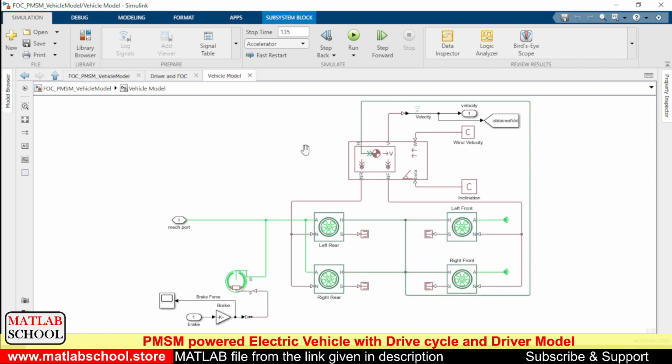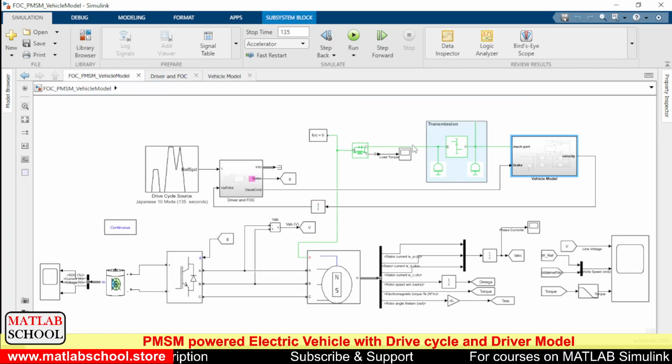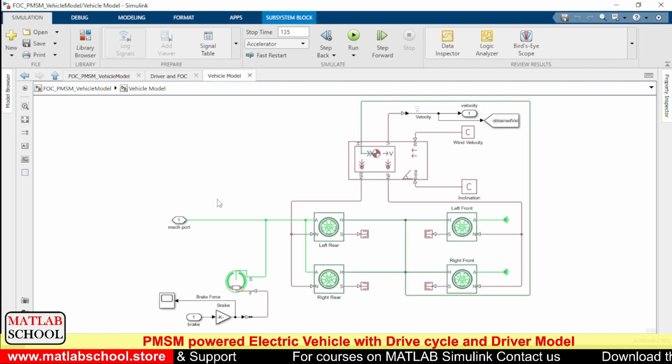Okay. So the next stage is the vehicle model. In the vehicle model, we are getting the power from the motor. It is connected to the wheels.